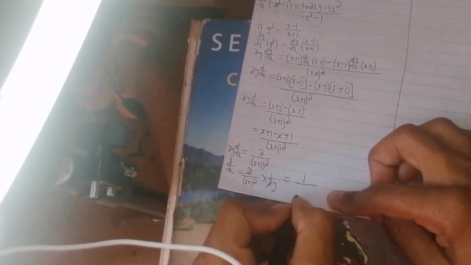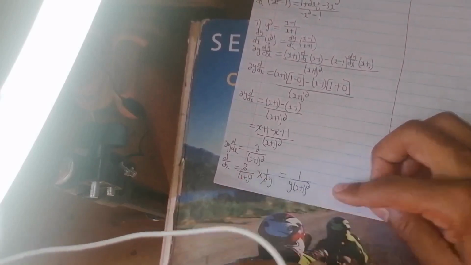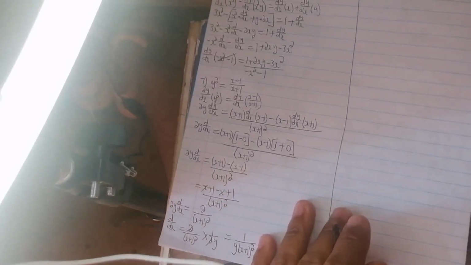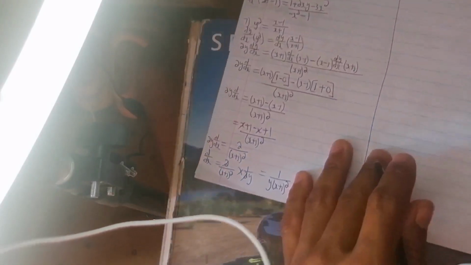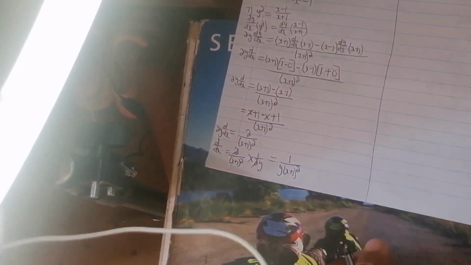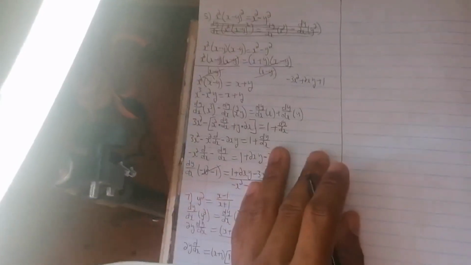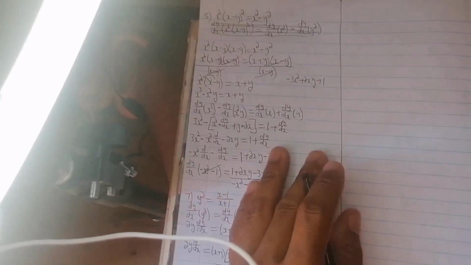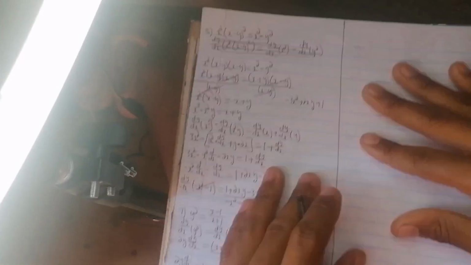You are left with 1 over y times x plus 1 squared, which is the solution for this problem. 1 divided by y into x plus 1 squared. Very good. And then let's go to number 9.